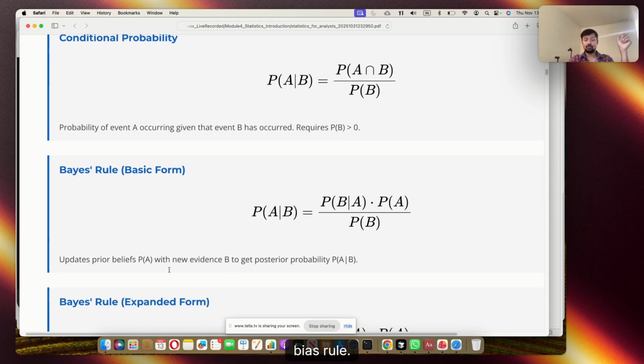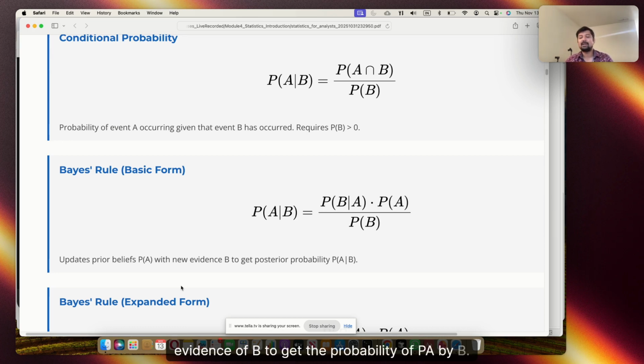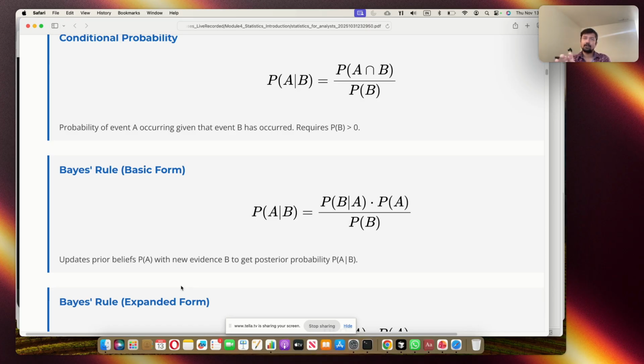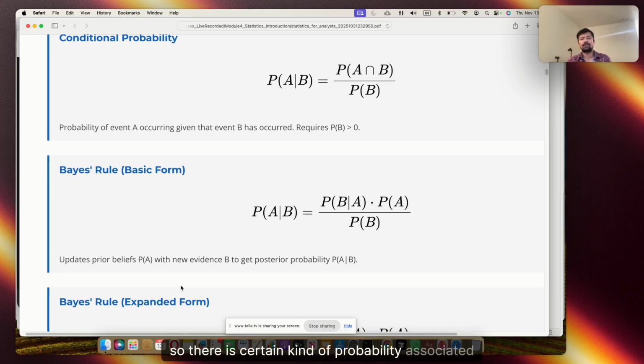Now you go to Bayes rule, and in this, if you are getting the probability of A and B, you can go from the basic form and update the prior belief. You have some kind of prior belief, with the evidence of B, to get the probability P(A|B). So now you have some prior data or prior belief. Like if there is a 5, then there are high chances, so there is a certain probability associated that on another die you will get 4.